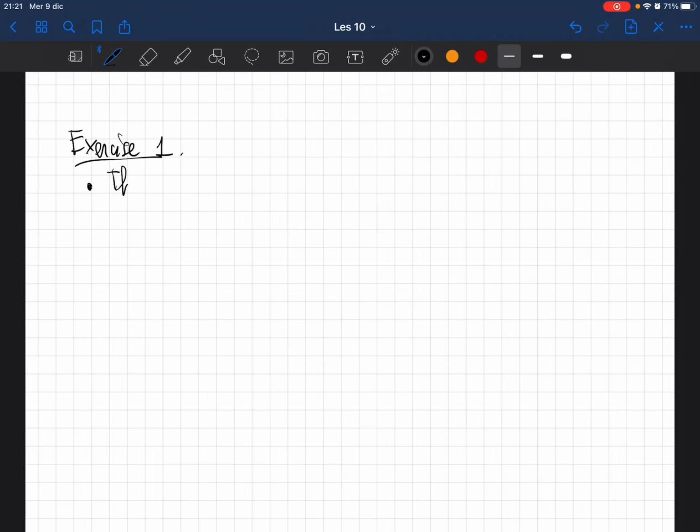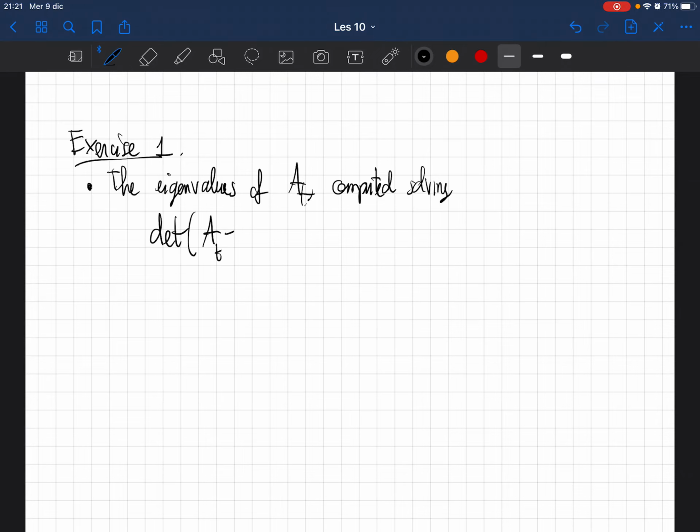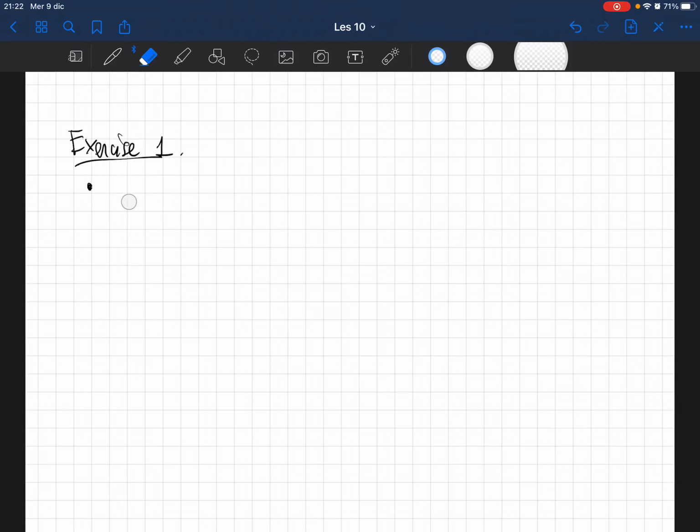So here we can say this: the eigenvalues of A^T. Well, but here perhaps it's so easy that it's even better.